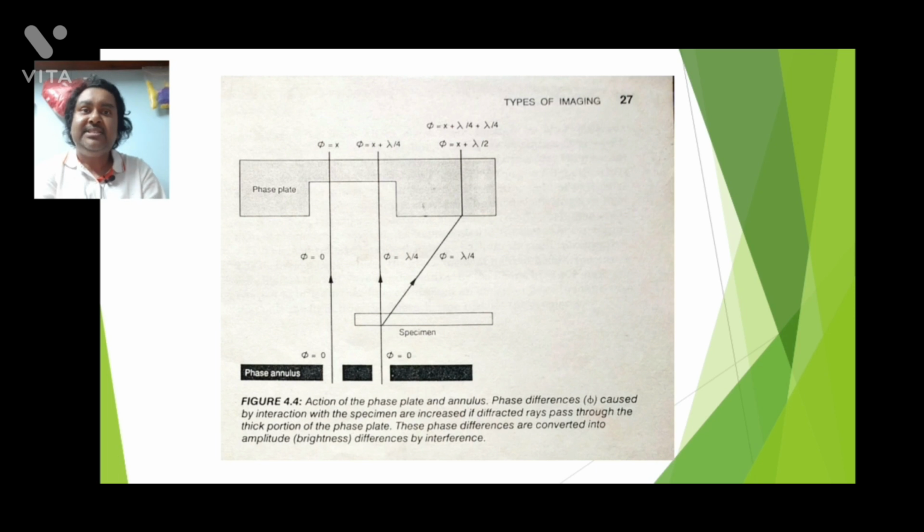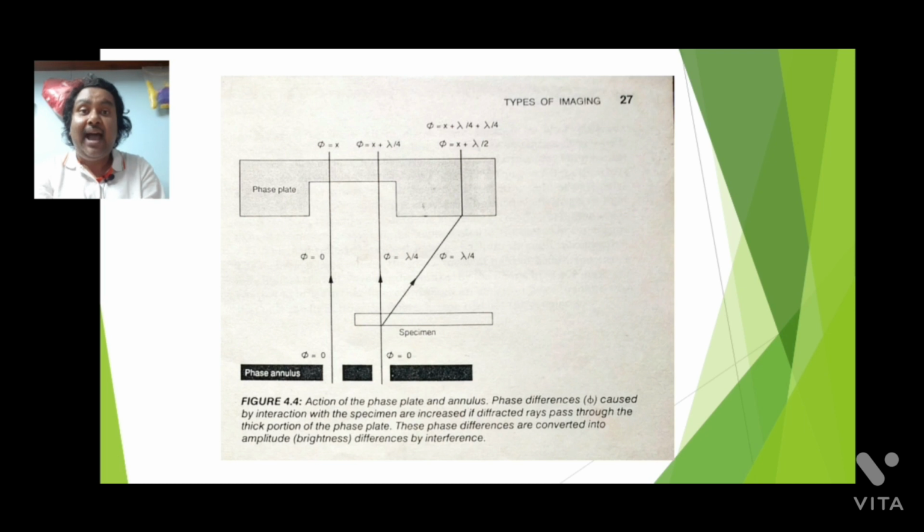This phase change is perceptible to our eyes, and the greater the phase shift that is transformed into amplitude, that means the greater amplitude, will create a brighter light, and brighter light will create a brighter image.